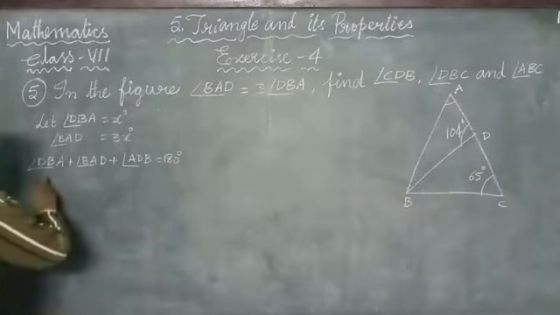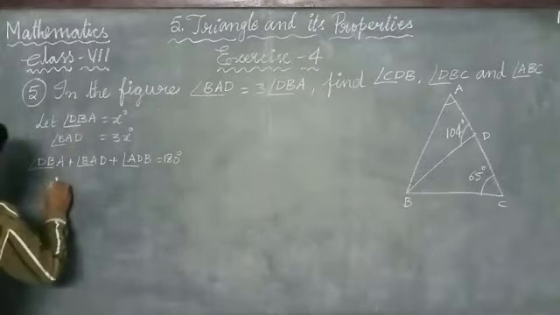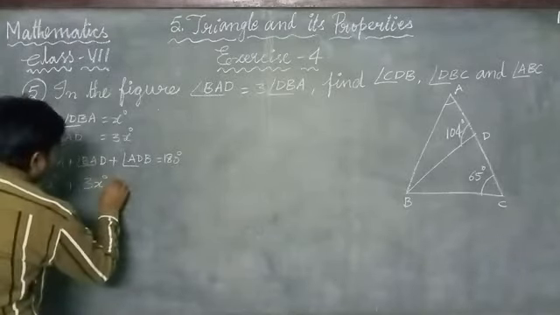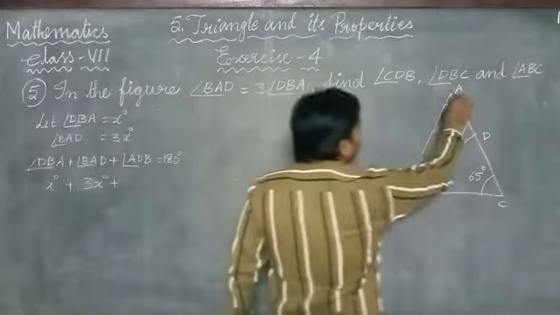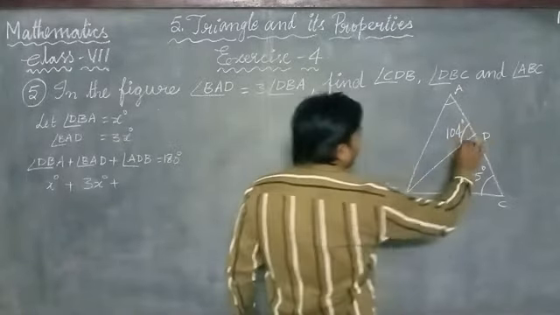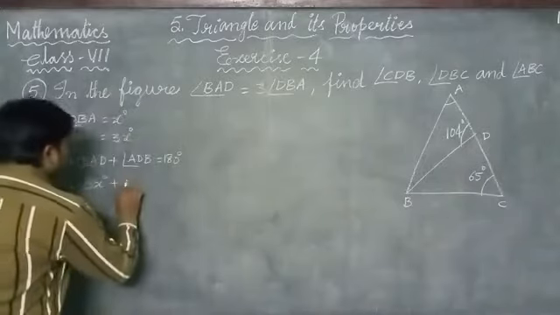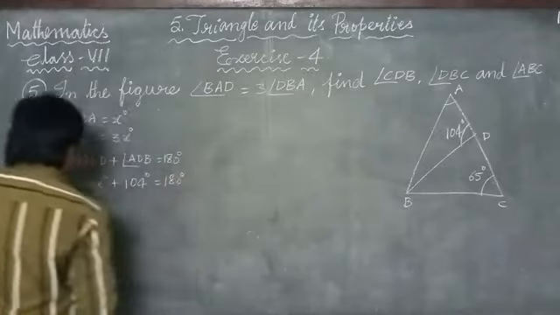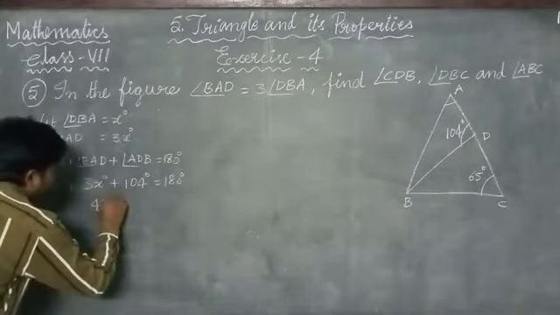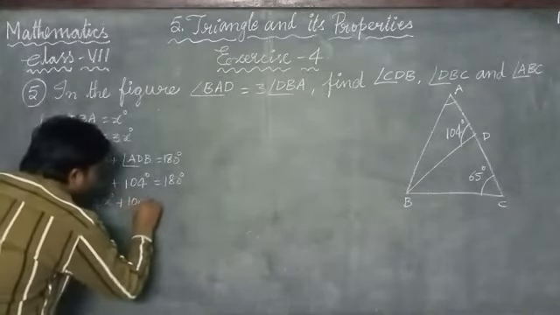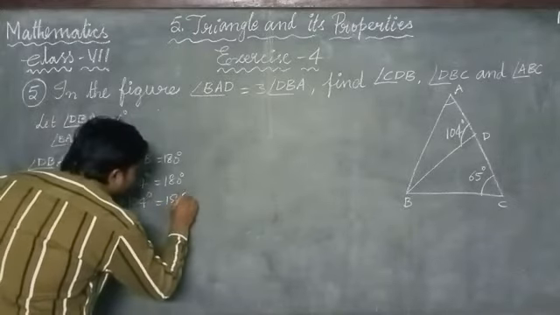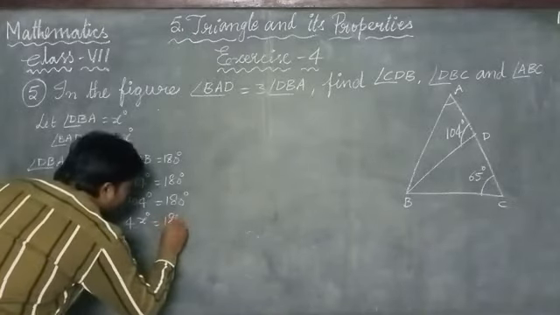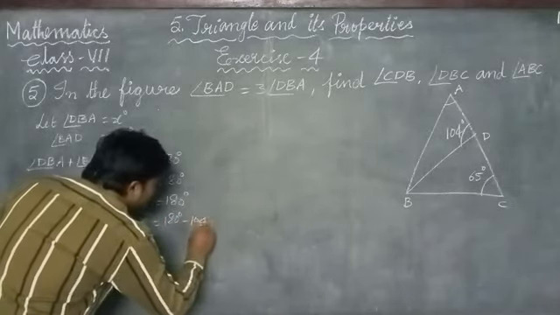Angle DBA is x degrees, angle BAD is 3x degrees, and angle ADB is 104 degrees. Then 3x plus x, 4x plus 104 degrees equals 180 degrees. Then 4x equals 180 minus 104 degrees.